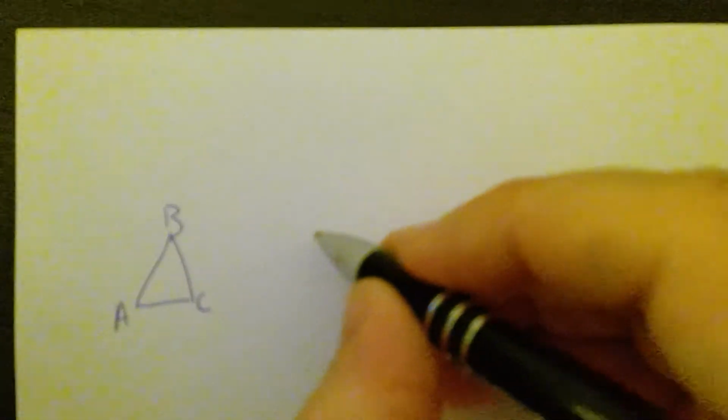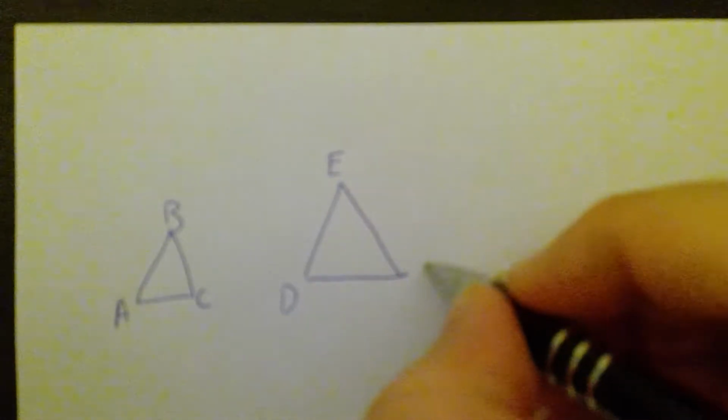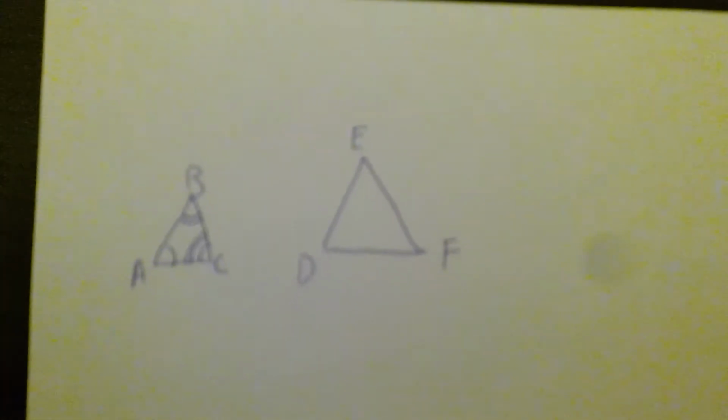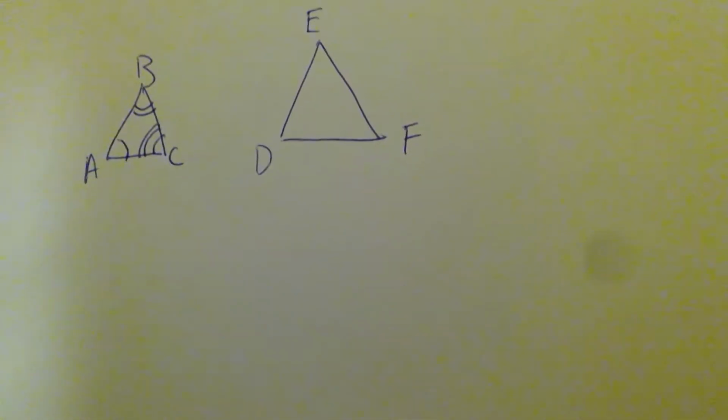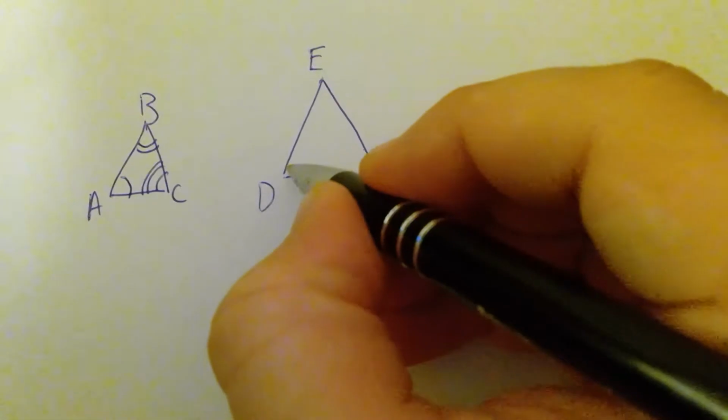So if I've got triangle ABC, and let's see, we've got triangle DEF. I've got this triangle here. I get my angle markings going on this one. Okay, so there's triangle ABC. There we go. Okay, we've got triangle DEF over here.